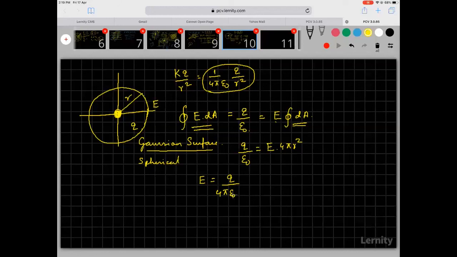So friends, what we have done is we have derived Coulomb's law from Gauss law. Now you will ask, which is more fundamental? Is Gauss law more fundamental or Coulomb's law more fundamental? Gauss law is more fundamental.